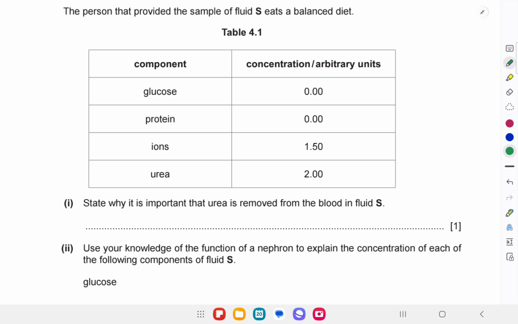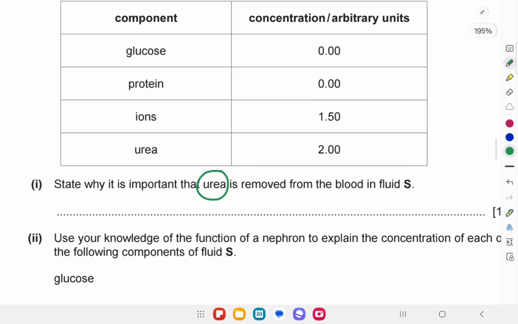So urea is a toxic metabolic substance, and if it accumulates in the body, it can lead to many severe issues. One of the problems it may cause is coma, which can eventually cause death. So it's very toxic.